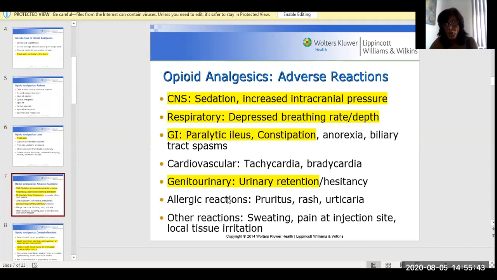And like I said, allergic reactions, every single drug can cause an allergic reaction, right? So the things that I've highlighted are the things that you need to say, all right, this is what I need to know. And if you're watching the video while you're looking at this, I say in the video lecture, respiratory depression, urinary retention, paralytic ileus, they're the 3 biggies. I say it. You need to know that. So it means you need to know it, right?